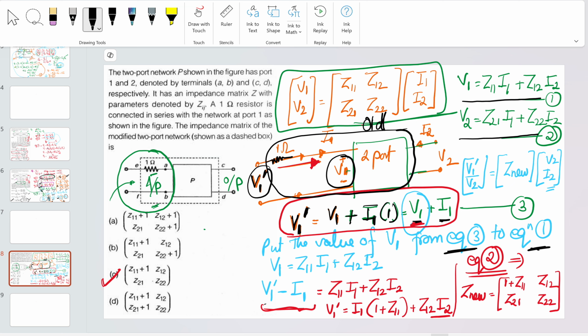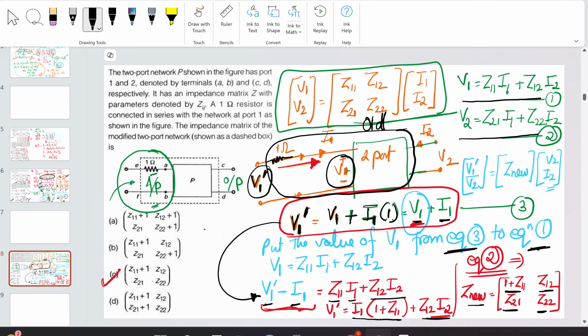It became V1 dash minus I1, which from this equation is Z11 I1 plus Z12 I2. Now we have rearranged, so V1 dash is equal to (1 plus Z11) I1 plus Z12 I2. So now for the Z new matrix, because the second equation will not be affected, we will get 1 plus Z11, Z12, Z21, Z22. Okay. Any doubt in this?